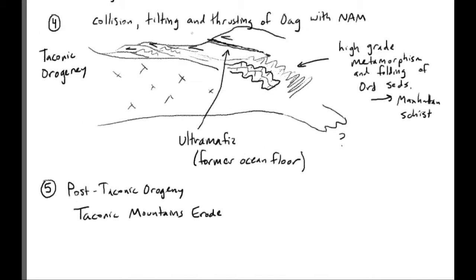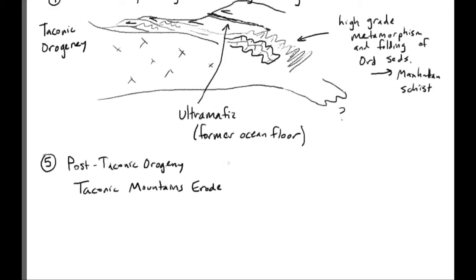And what happens at this time? The tectonic mountains erode. You can imagine that during this kind of event where we're thrusting all these things on top of each other, you're going to build topography, you're going to build a mountainous terrain. So the tectonic mountains erode.